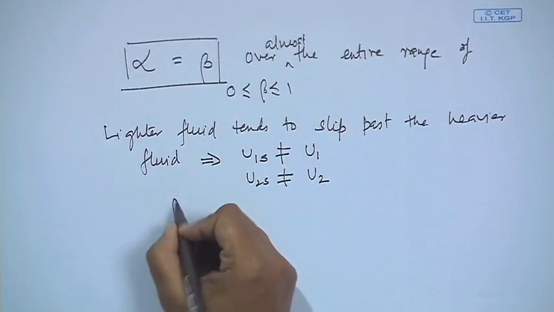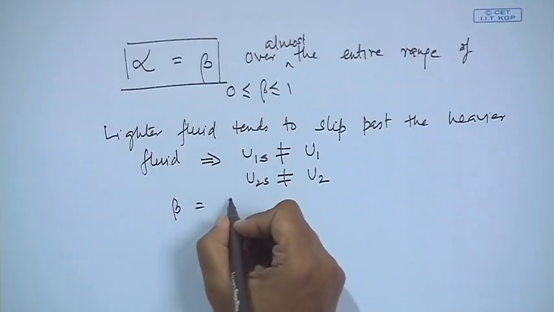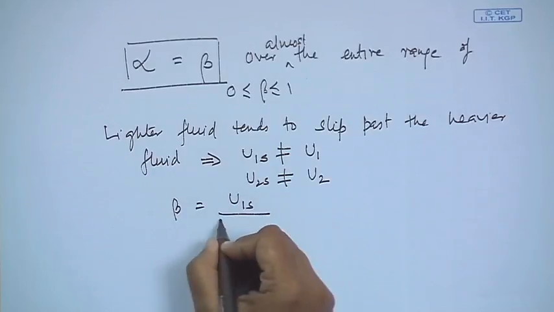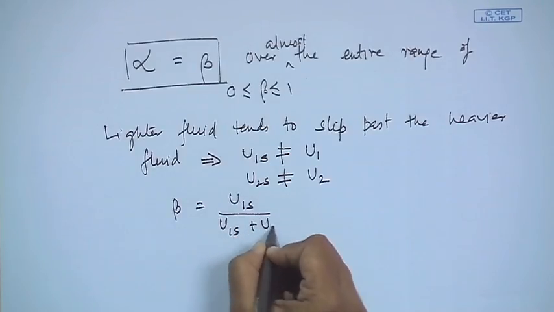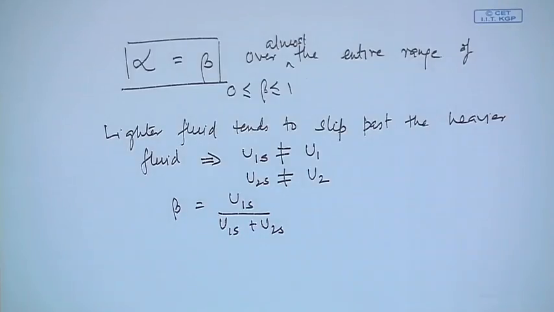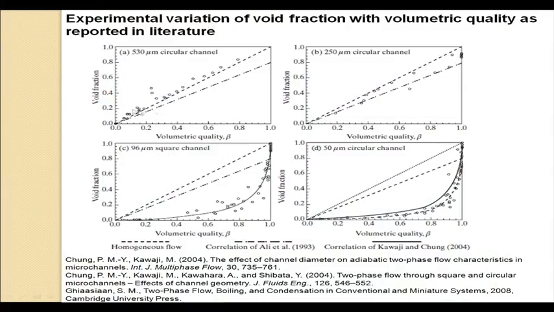And we had defined beta as u1s by u1s plus u2s. Now, from this particular graph, if alpha is almost equal to beta, then what does it imply?